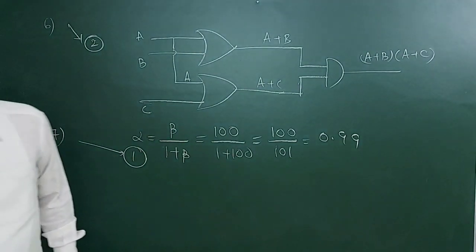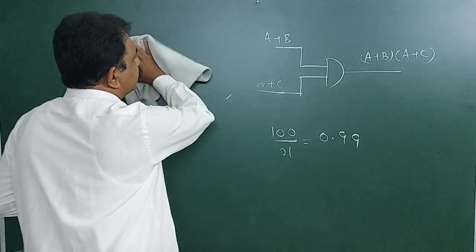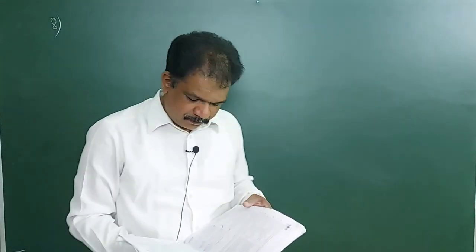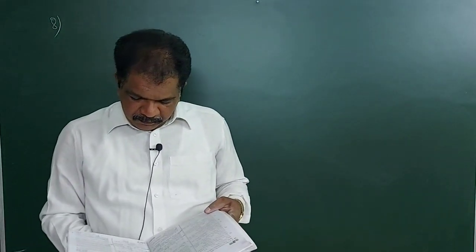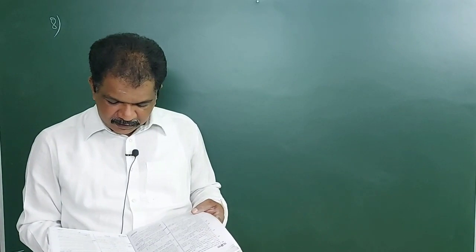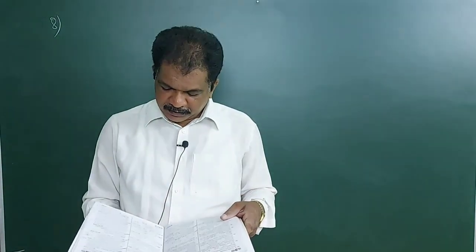Okay. Seventh question, it will be first option. Next, see the eighth question. What they are asking, see. Which truth table that is not OR, that is not NOR, that is not AND, that will be XOR gate.